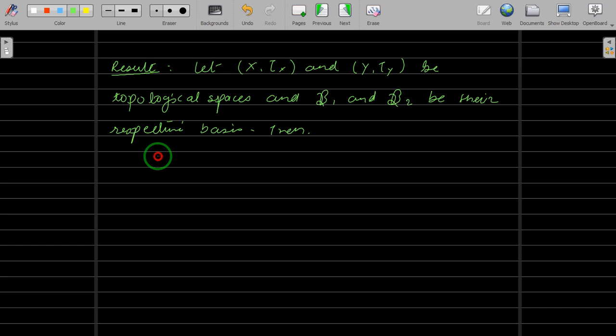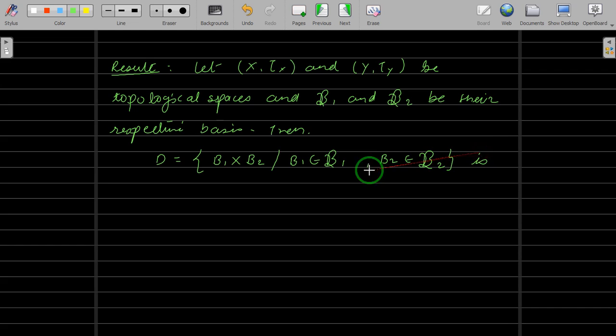And you can then watch the video. What will be the basis for X cross Y? We have basis B1 for X. We have basis B2 for Y. Then what will be the basis for X cross Y? Answer smartly, and then you proceed. This will be B1 cross B2, where B1 is an element of script B1 and B2 is an element of script B2.